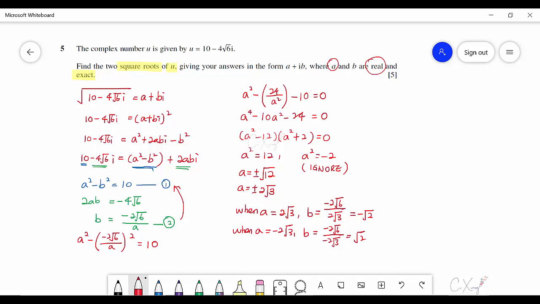Okay, so the square root of u will be equal to 2 square root 3 minus square root 2 i, or negative 2 square root 3 plus square root 2 i. So these are the two square roots for u in the exact form.